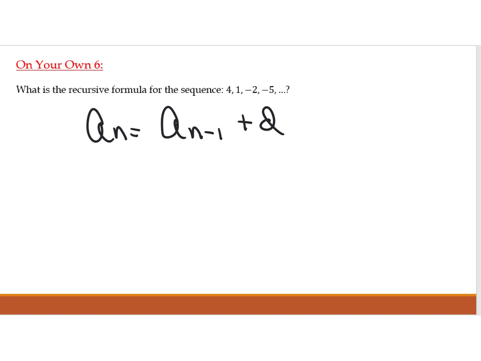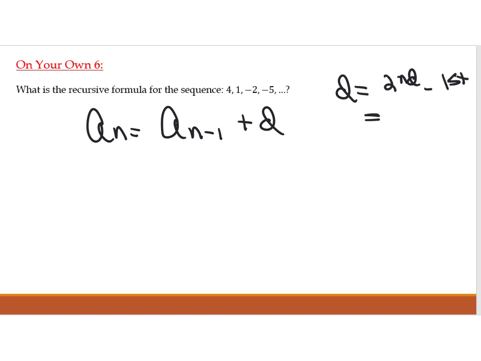All right, on the last example, it asked for the recursive formula for the sequence 4, 1, -2, and -5, and so on. And remember, that ... at the end means that it keeps on going forever and ever. It is infinite. In order to write this formula, all we have to know is the value of D. And to find D, again, we're going to take the second term minus the first term.